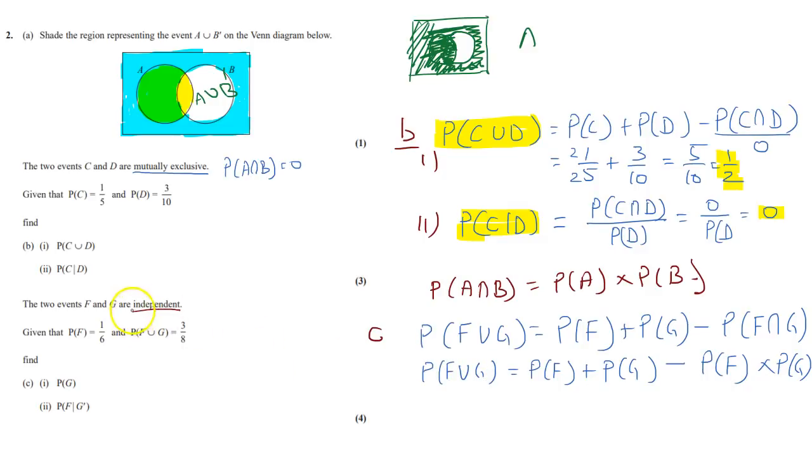This condition is only applicable if they are independent. So it is given that this is 3 over 8. P(F) is 1 over 6. P(G) you have to find. P(F) 1 over 6 multiplied by P(G).